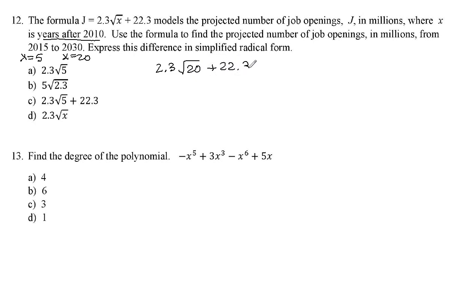So that's the number of job openings in 2030. Minus, they want us to subtract off the number of job openings in 2015. So that's the same expression, 2.3, but now square root of 5, because x is 5 in 2015, plus that 22.3 on the end.